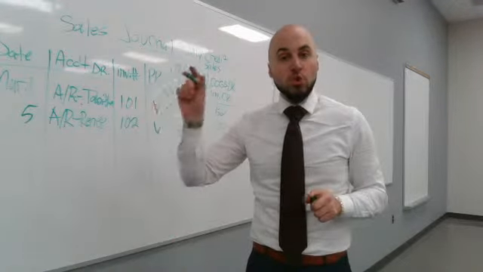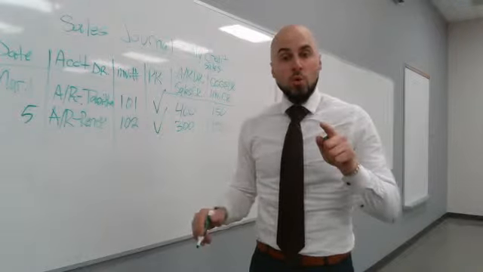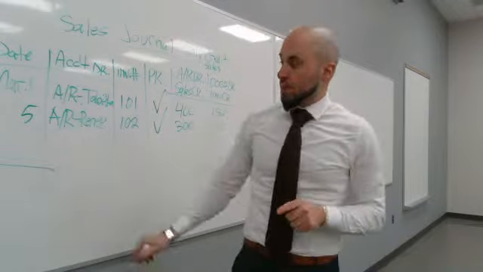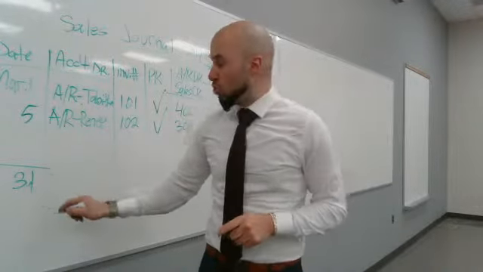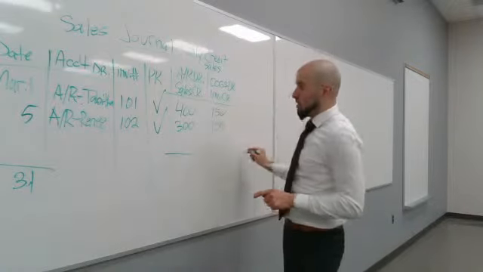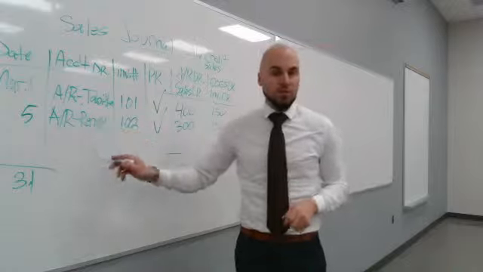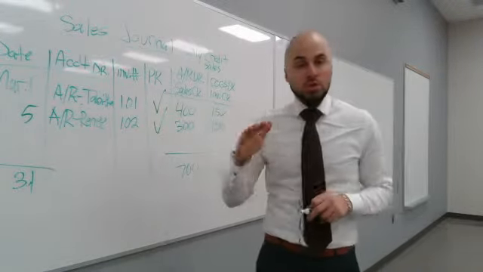Remember, the accounts receivable controlling account has not been altered yet. We wait until the end of this month, March 31st, to get a total here. For now it's 700, if we just say that we had these 2 sales in March. 700 is the total of that month that we sold on credit.